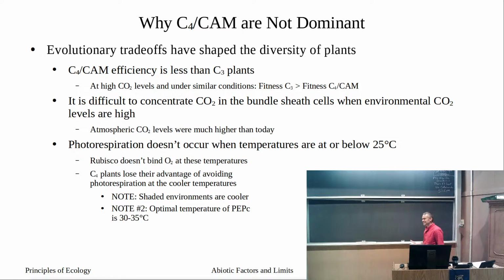So our plants need the light. During the daytime, they're going to be fixing CO2. C4 plants separated this with the help of the Kranz anatomy that we talked about, where our chloroplasts are concentrated in bundle sheath cells, so they're in a separate location, compared to C3 where the chloroplasts are all over.